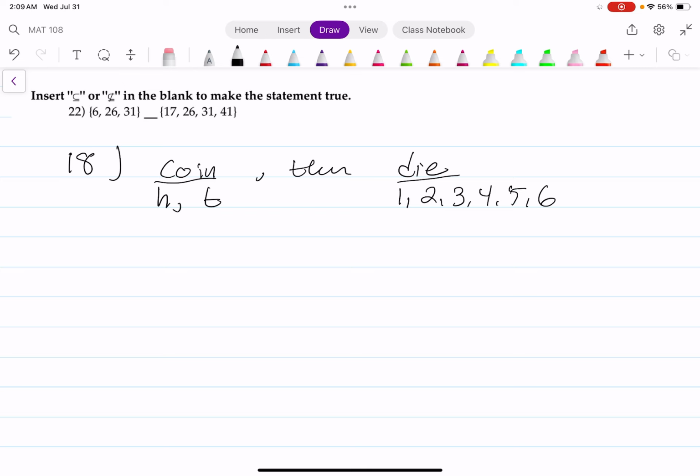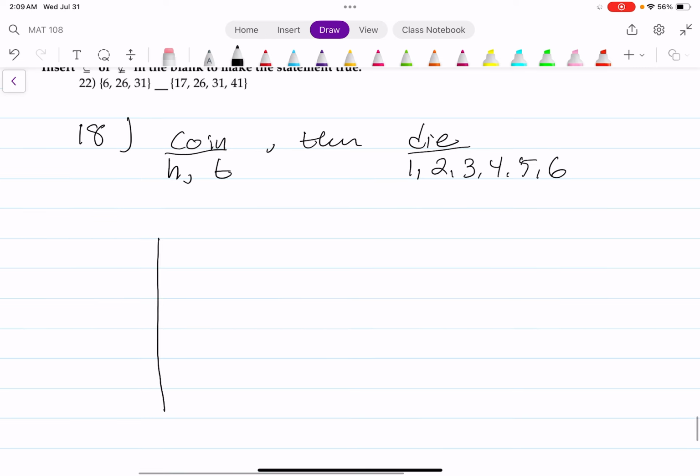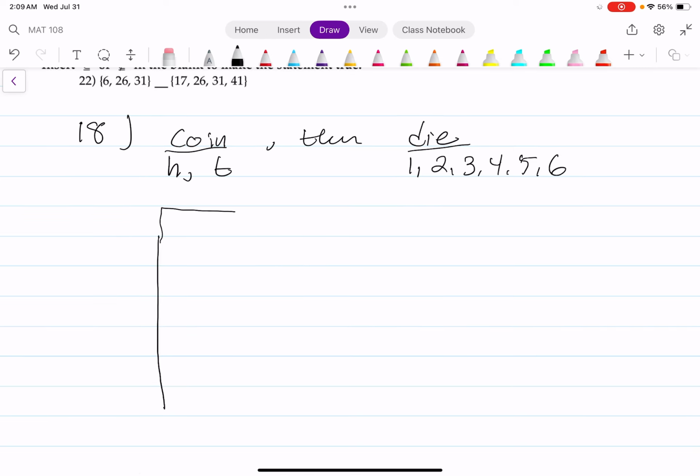In a question like this, usually I'll recommend using a tree diagram or a table to create the sample space. And for this particular question, I am going to use a table. So I'm going to create my table to the best of my abilities, of course. I'm going to give this table 3 columns.